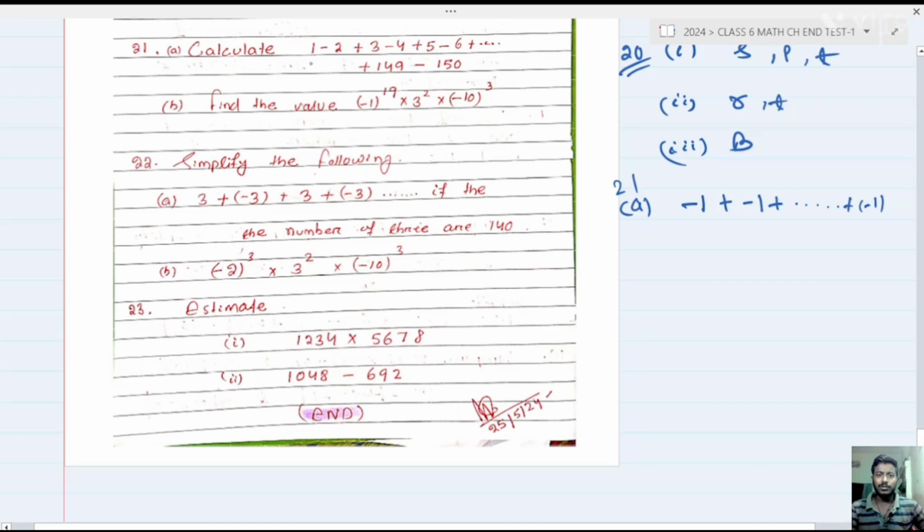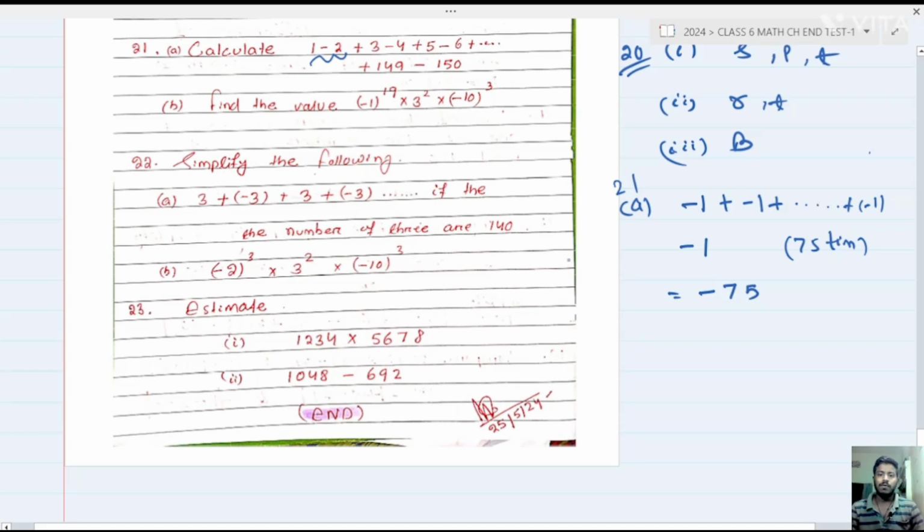Then we solve two numbers, that is minus 1. Then how many? That is 75. Total is 75. Means we can add minus 1 up to 75 times. So our number is minus 75.